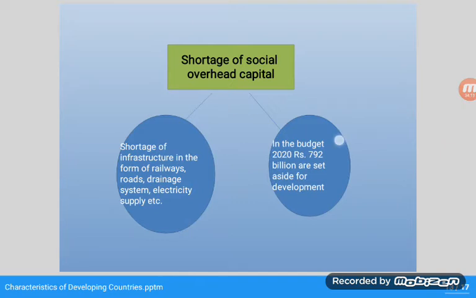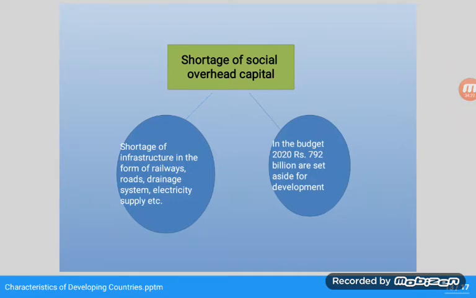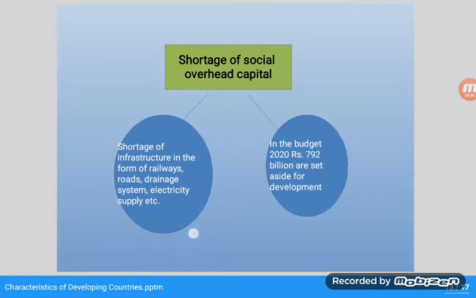Now over here I can show you that in the budget of year 2020, rupees 792 billion are set aside for development purposes in Pakistan. Now that is a separate debatable topic, whether this much rupees is good enough, or it should be increased, should be decreased. But just to tell you that this much amount has been set aside in the most recent budget for development purposes, or in order to create such infrastructure.